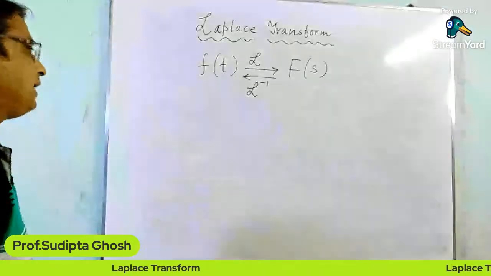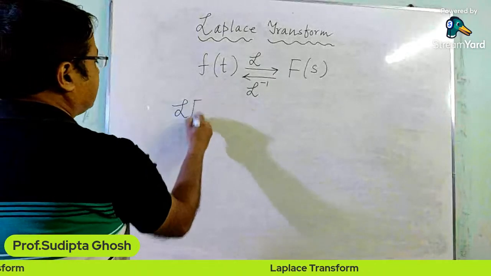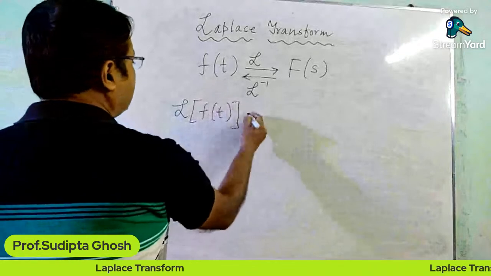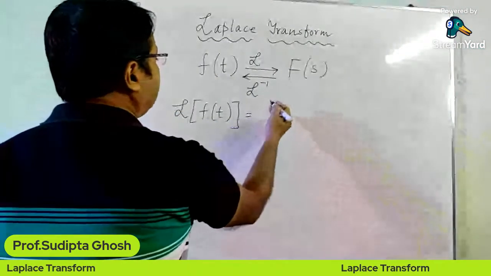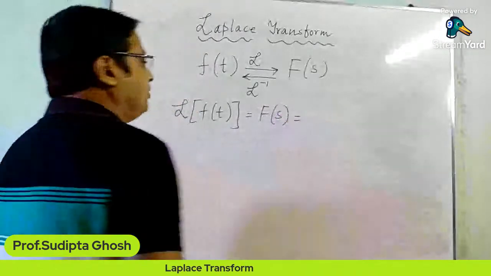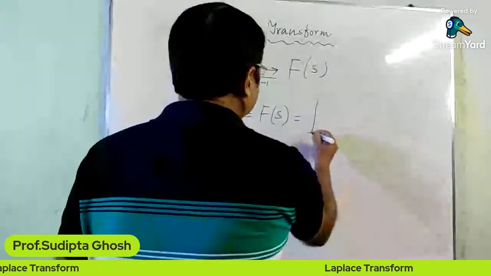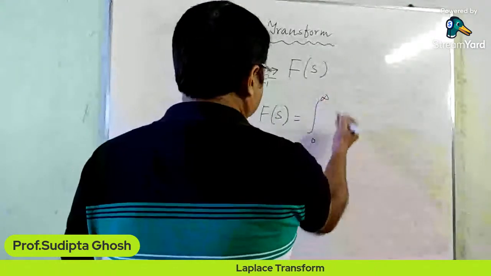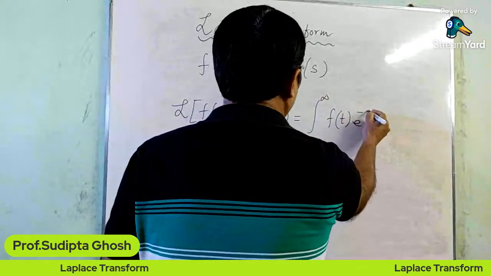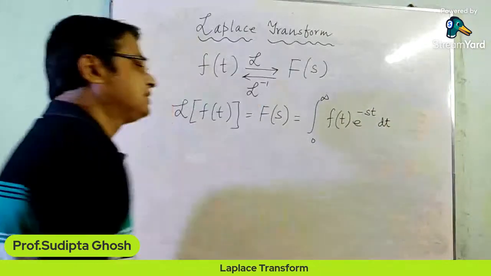It can be done by using the Laplace transform of f of t, which actually gives us capital F of s. You can find this value by using this integral from 0 to infinity of f of t times e to the power minus st dt. So this is the form.